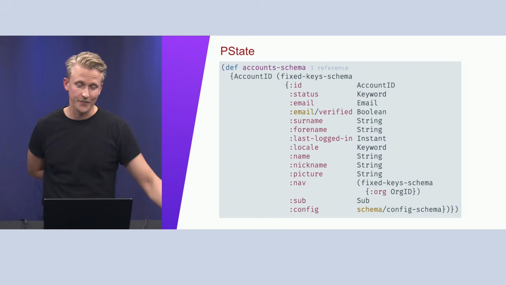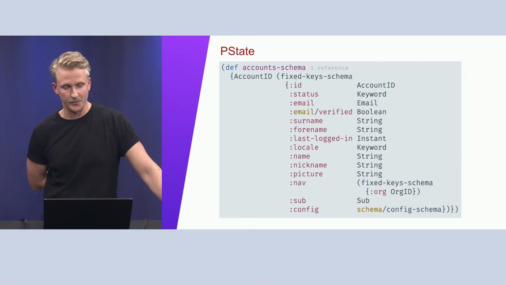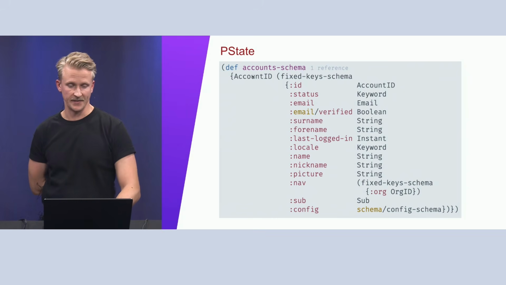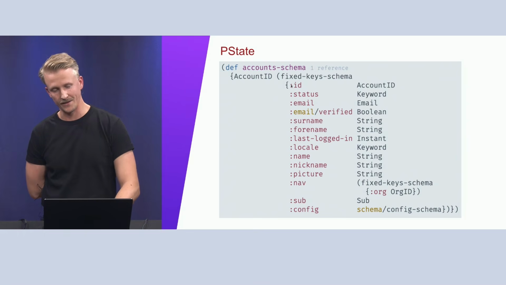But we have an example from our code base right here. So this is the PState of our accounts, and as you can see, it's a map. We can see as much, and each key value is connected to another map.